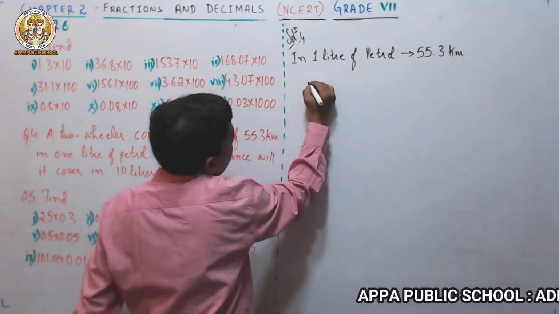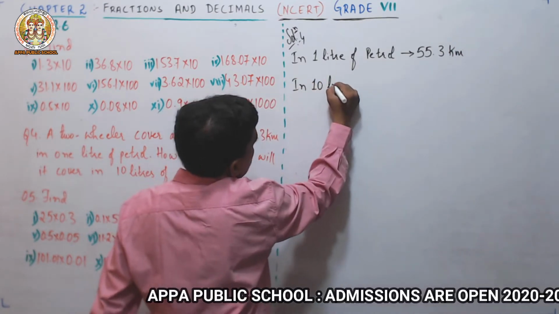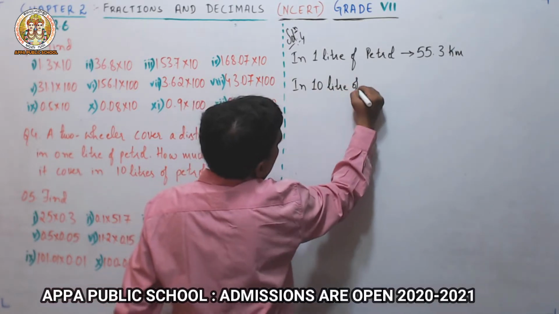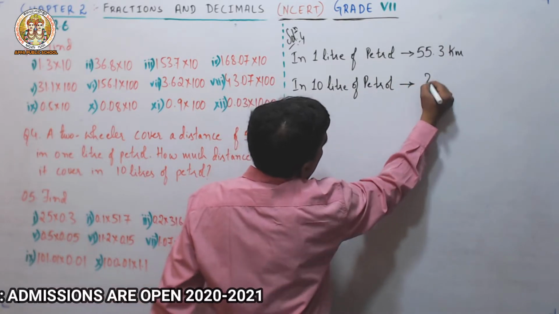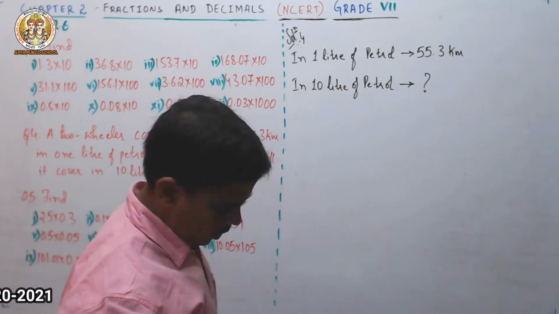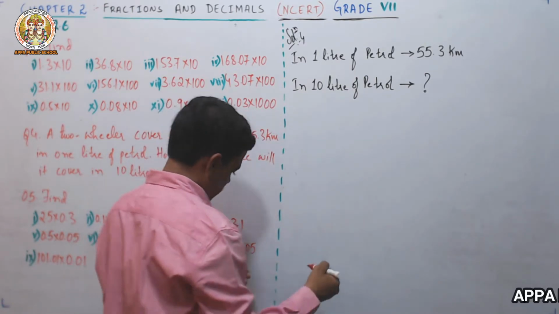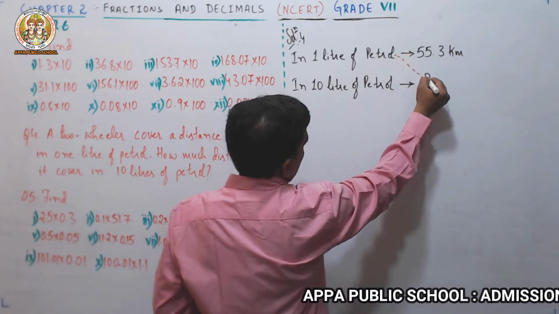Suppose if I put in 10 liters of petrol, how much distance will it cover? It is equal to question mark. The same way what I showed you in the previous classes also, cross multiply. So we cross multiply for this one, question mark.